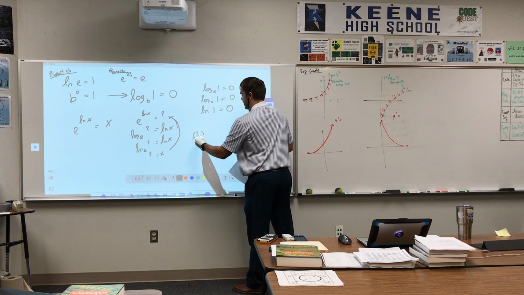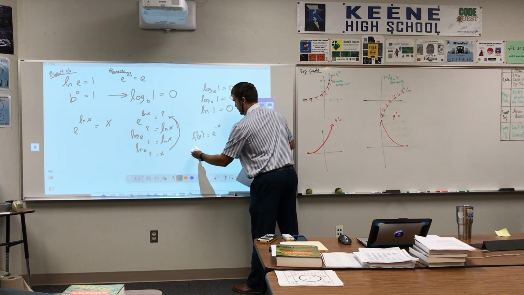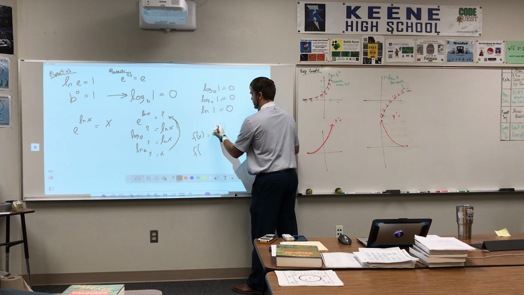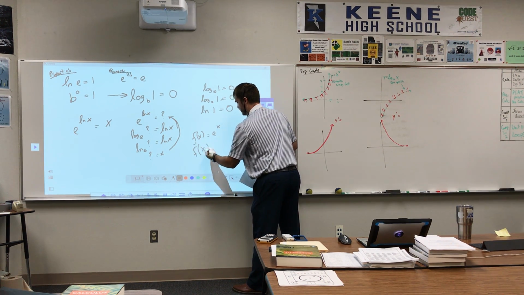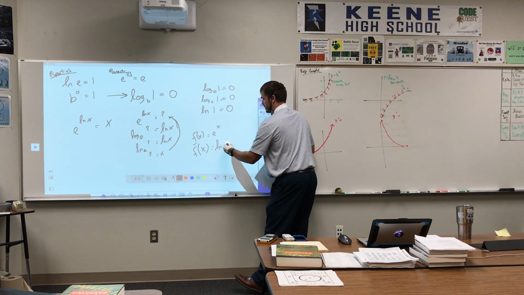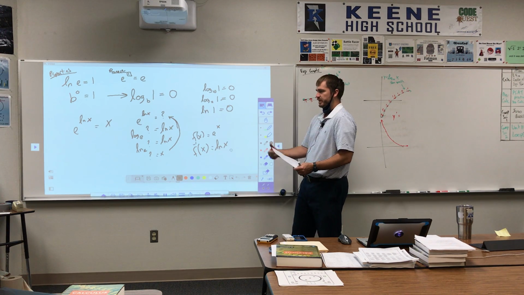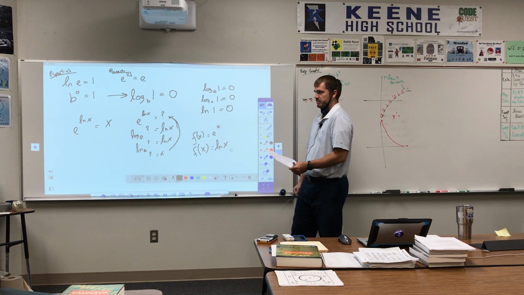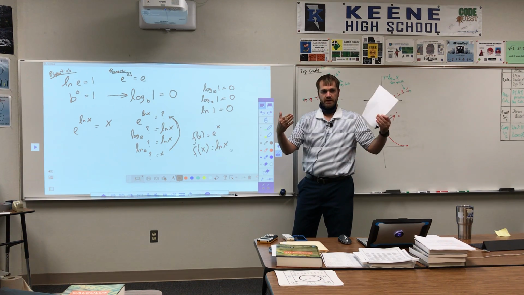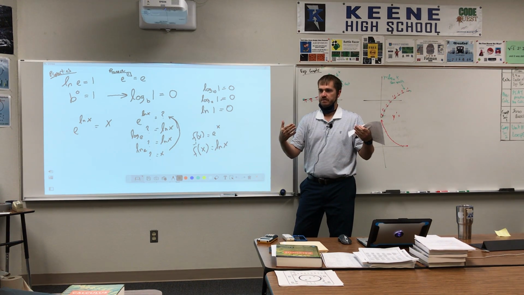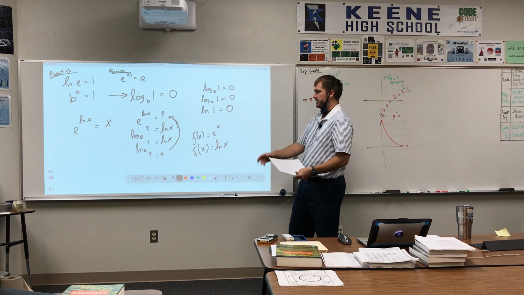If you have f of x equals e to the x, then the inverse function is the natural log, okay? They're not evil twins, they're sort of like superhero and supervillain, constantly battling and reversing each other.